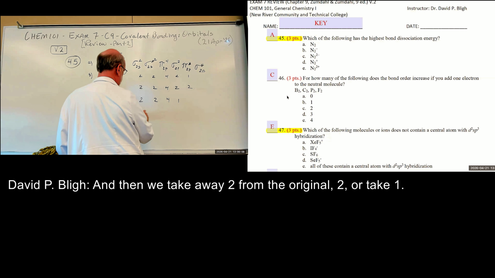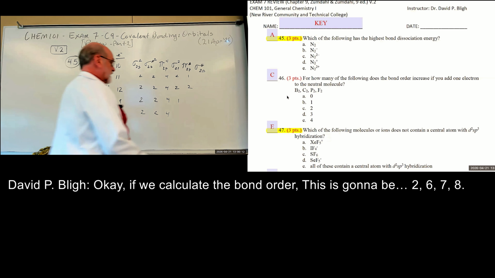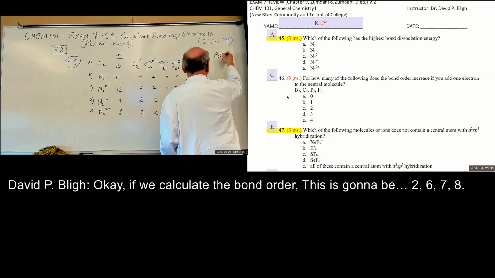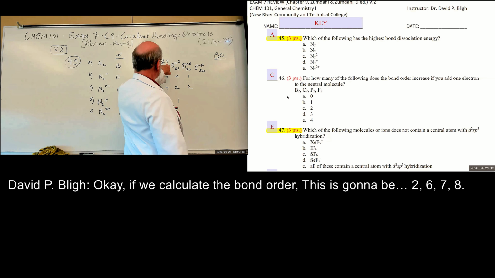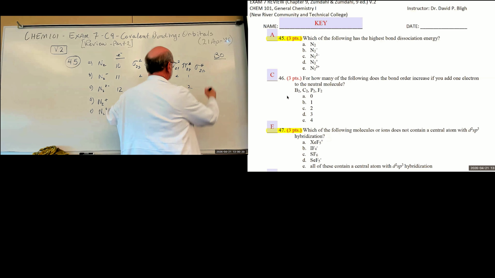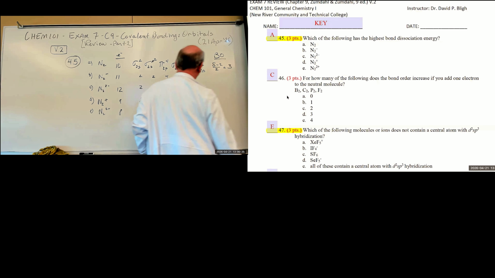And then we take away 2 from the original. Okay, if we calculate the bond order, this is going to be 8 minus 2 over 2 equals 3.